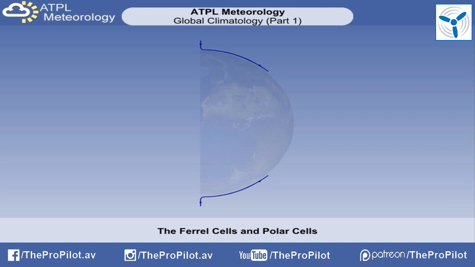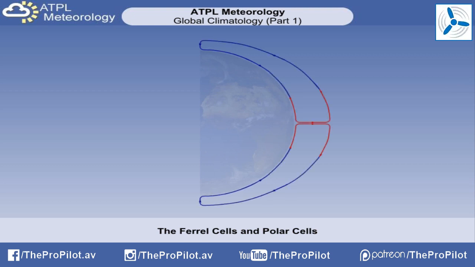At this point, we need to bring in the rotation of the Earth. If the Earth were still, the circulation would be like this. However, the circulation is complicated by the Coriolis effect, and we end up with three distinct cells like this.